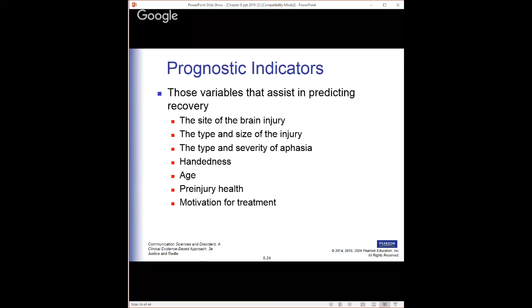These variables are going to include the site of the brain injury, the type and size of the injury, the type and severity of the aphasia, handedness of the person, the age of the person, the pre-injury health, and the person's motivation for treatment. Often prognostic indicators are used to specify the type of treatment.